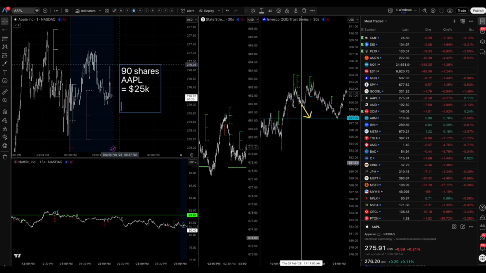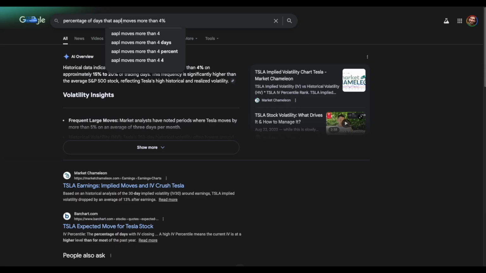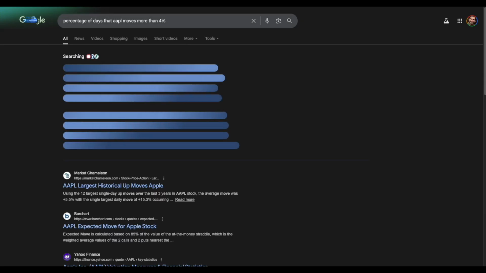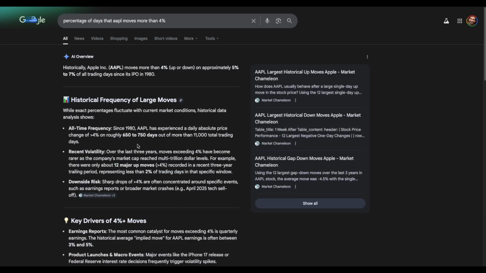And we know that 4% is $1,000. So we can look at the percentage of days that Apple moves more than 4%. It's 5 to 7% of all trading days. So this is more volatile than QQQ, because that means that on 5 to 7% of all days, we're going to have a move that's greater than 4%.